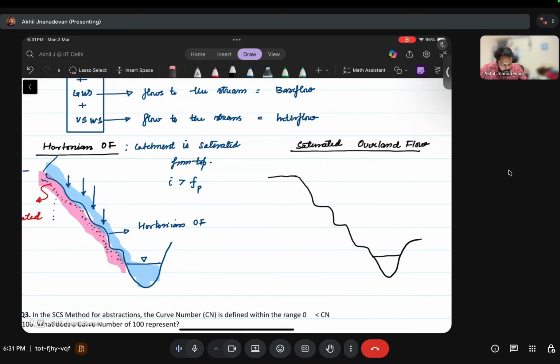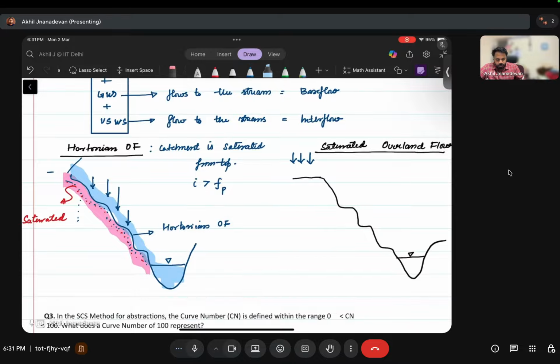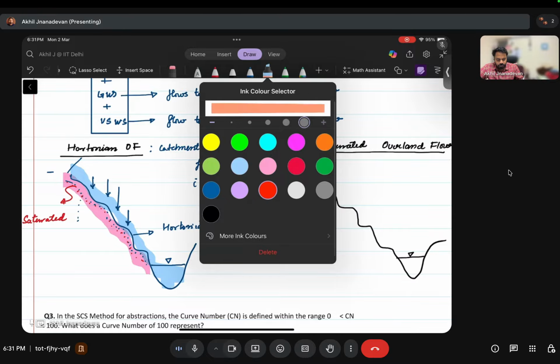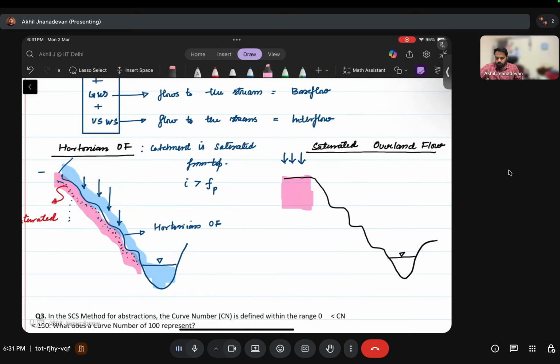And we have water at this particular level, and take a case where rainfall is happening in the upstream or uphill. Due to this rainfall, infiltration will be happening and this particular zone gets saturated, just below the uphill. And this entire area gets saturated.